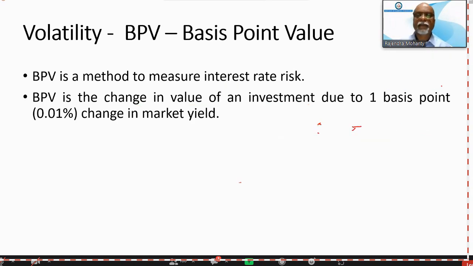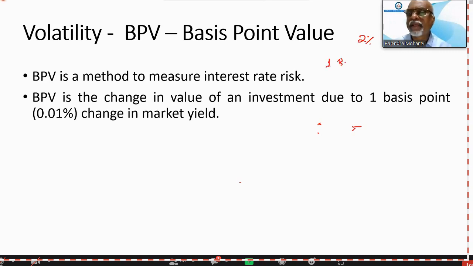Okay, so BPV is the change in the value of the investment due to change of market yield by 1 basis point or 0.01%. Simple thing. Suppose the change in the market yield is 2%, and by this 2% change, the value changes by, say, 100 rupees.